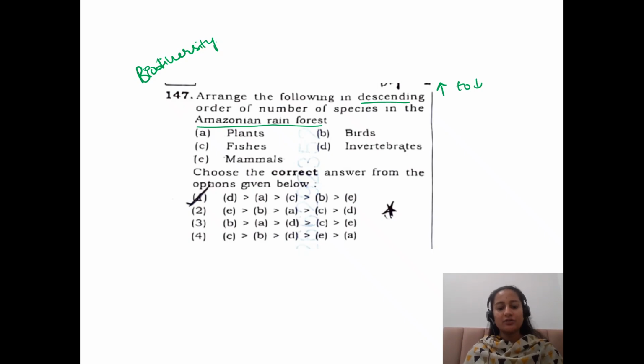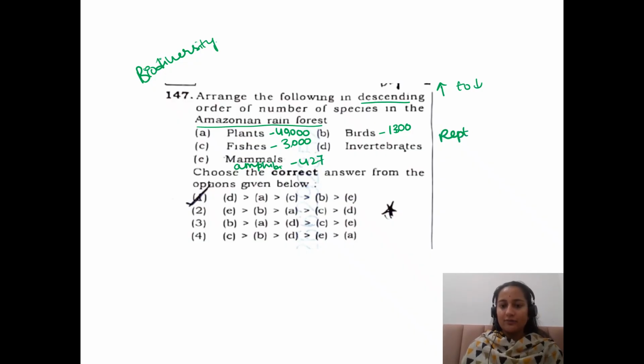In the Amazon rainforest, plants are 40,000, fishes are 3,000, birds are 1,300, whereas mammals and amphibians share the same data, that is 427, and reptiles will be 378, and the invertebrates are 1,25,000.